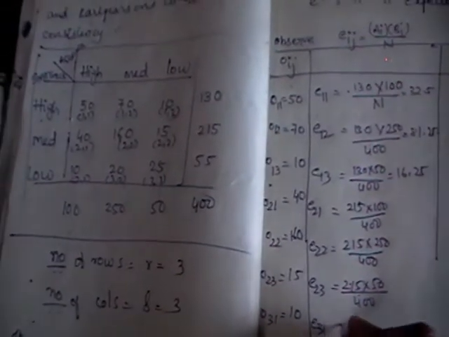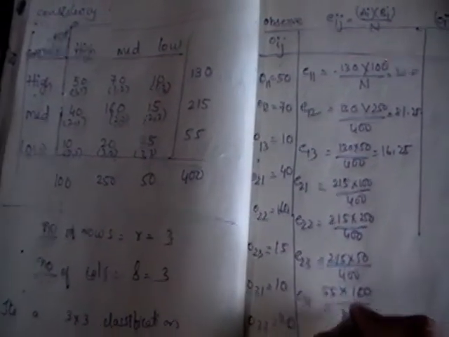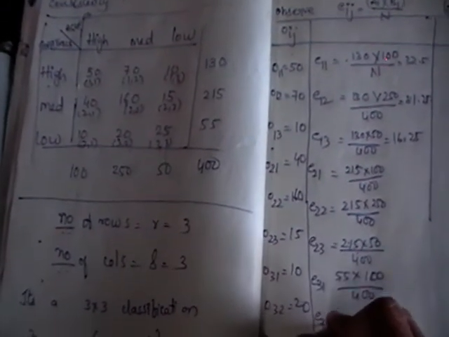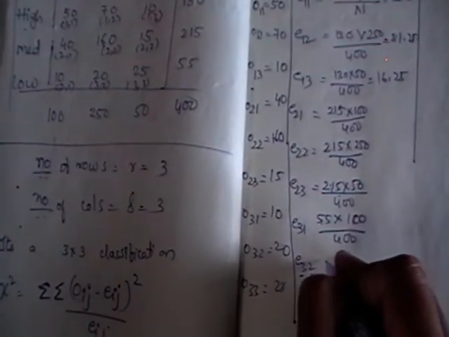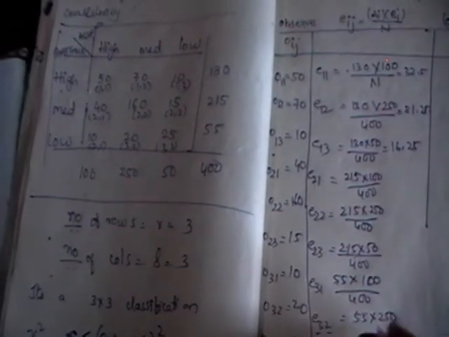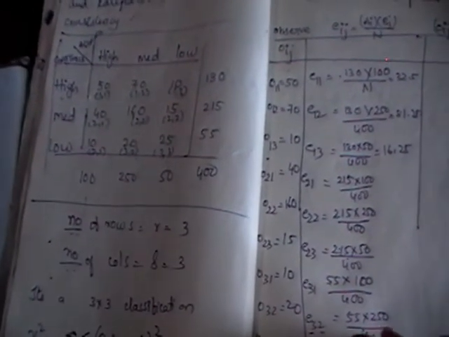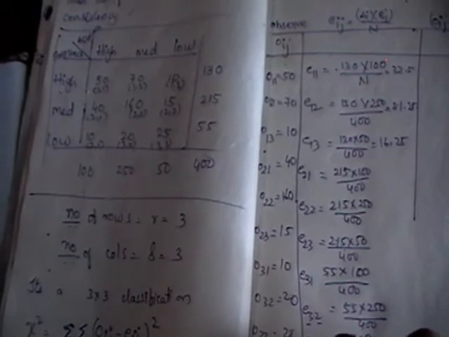E31 means the third row total, which is 55, into the first column total 100 by 400. E32: this stands for row and this stands for column. Third row total 55 into second column total 250 by 400. E33 is similarly 55 into 50 by 400.